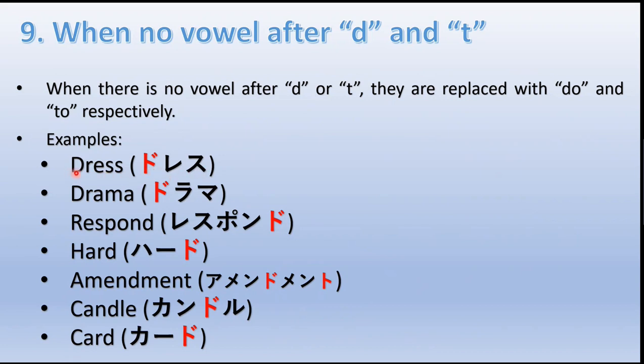See, the D is not followed by a vowel sound. There are two consonants, D and R. So in place of D, it will be do. So dress will become doresu. Drama becomes dorama.